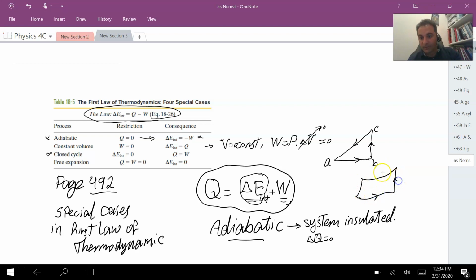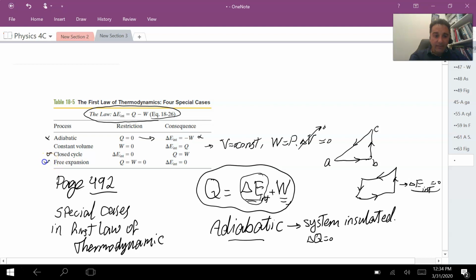They are closed processes. In a closed cycle, the change in internal energy is 0. That's why here we have delta E internal is 0. So if delta E becomes 0, total Q is the same as the work done by the system.